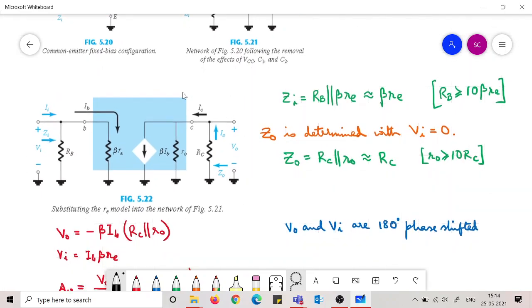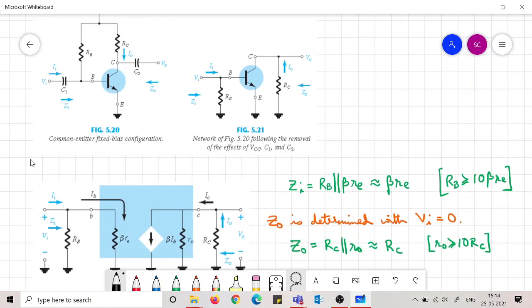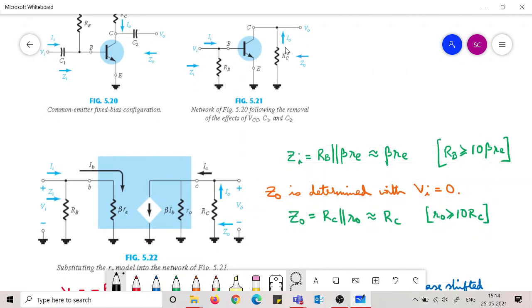Once we set up this equivalent network, please ask me if there is any doubt how this particular network became this. If there is any doubt in this, please ask me now.